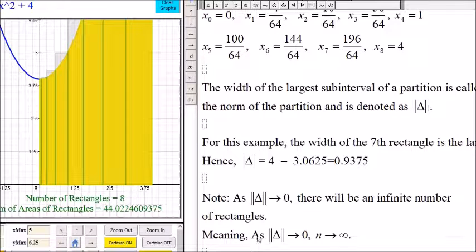And so if we allow the norm to approach 0, then the number of subintervals or rectangles will go to infinity. The converse is not true. There are examples where n is approaching infinity, but the norm does not approach 0. And so this way is true. If we allow the norm to approach 0, then n will approach infinity.